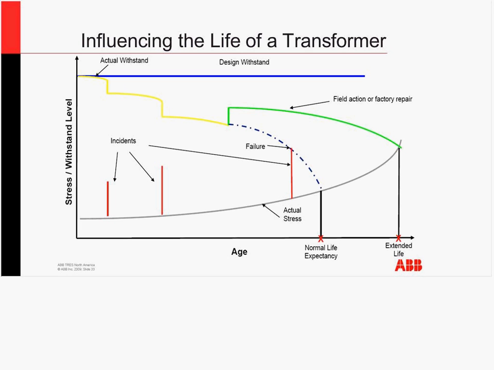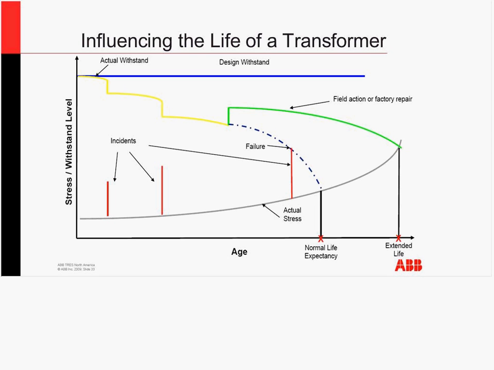If you get too much heat on the transformer, it can cause the water in the insulation to evaporate, and that gas bubble can rise through a winding and cause a premature failure. So we do care about moisture, and if we can recognize when a transformer is wet and dry it, then we can actually increase its withstand.